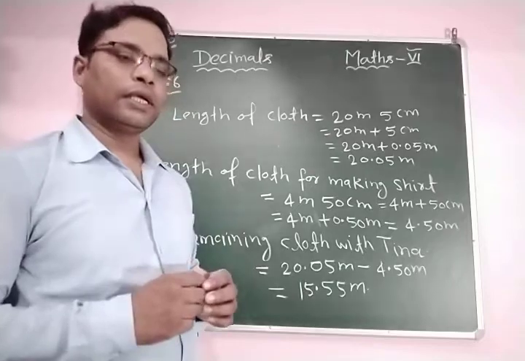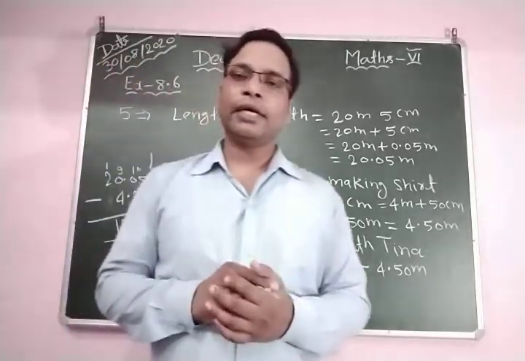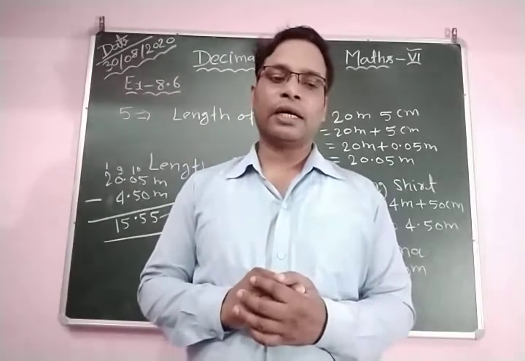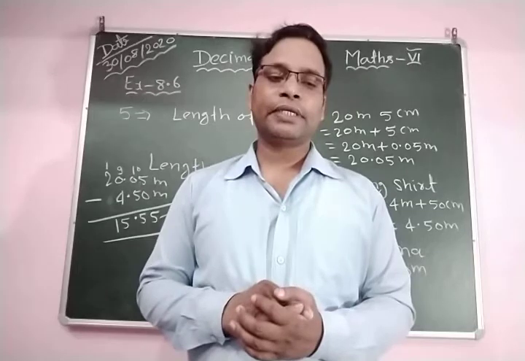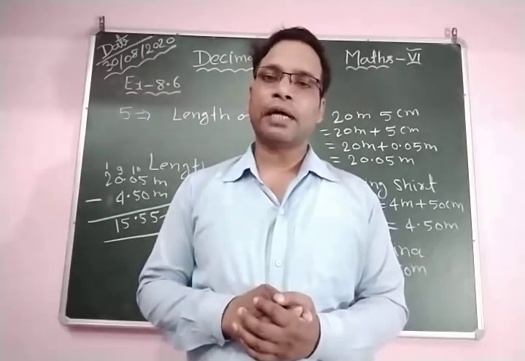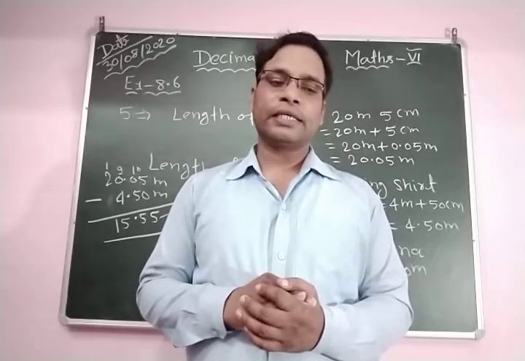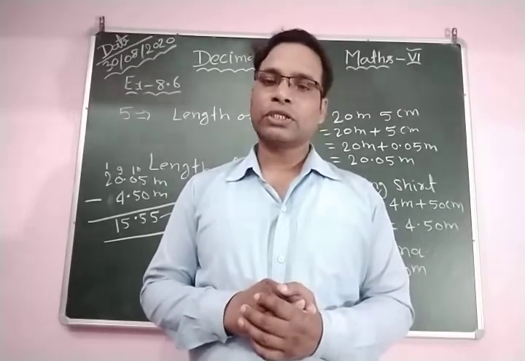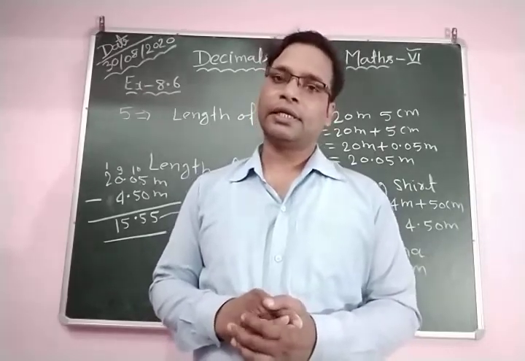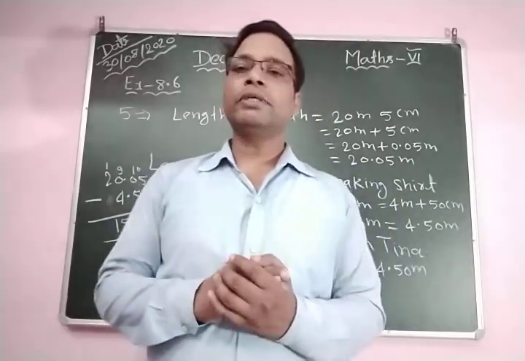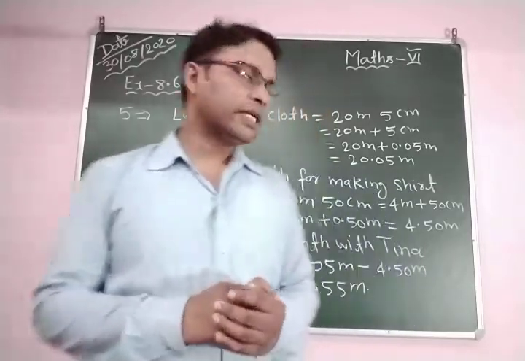The question gives that Tina had 20 meters 5 centimeters long cloth. She cut 4 meters 50 centimeters length of cloth from this to make a shirt. The question asks how much cloth is left with Tina.